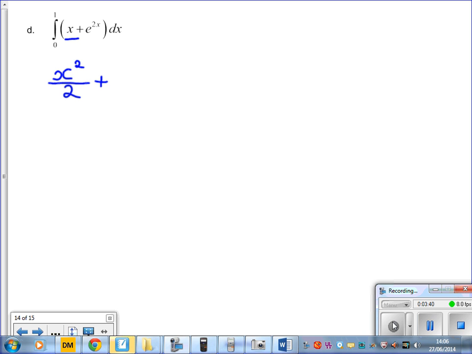Remembering that e to the x is e to the x. I've got e to the 2x in this case, so the 2x's remaining the same, and then I divide by this number, the number in front of the x. So divide by 2. Between limits, so I don't need to be concerned with my plus c, and I'm doing this between the limits 1 and 0.